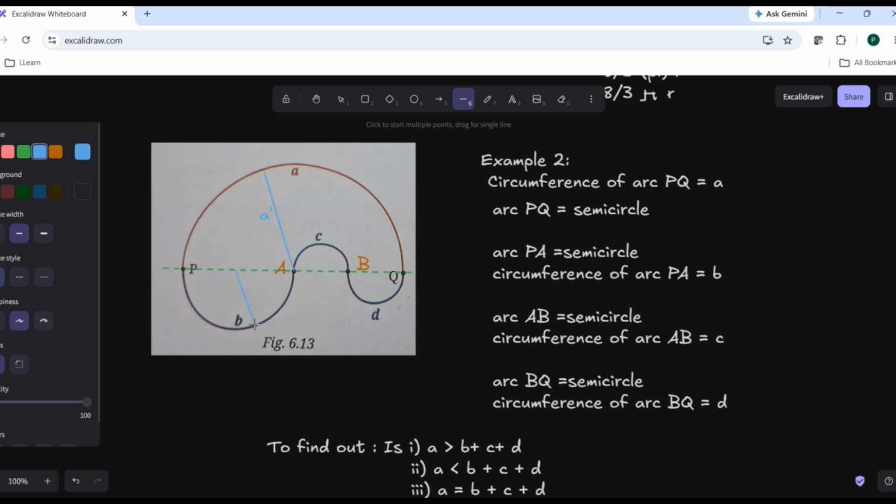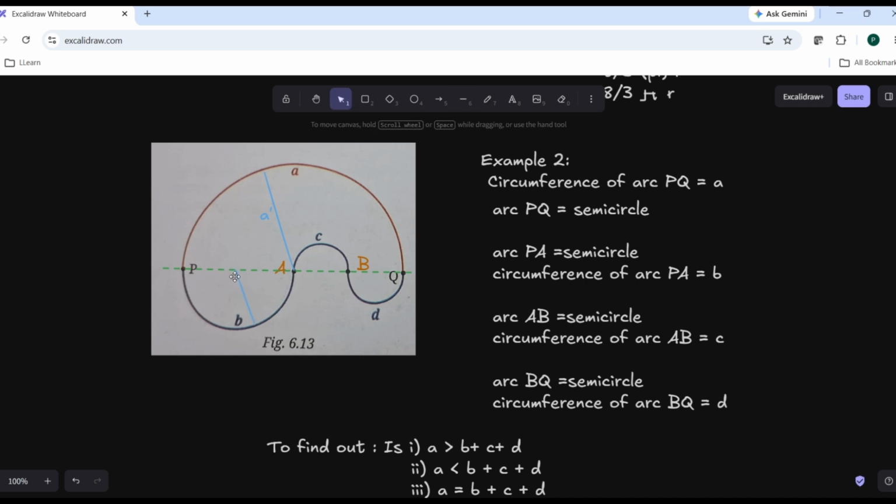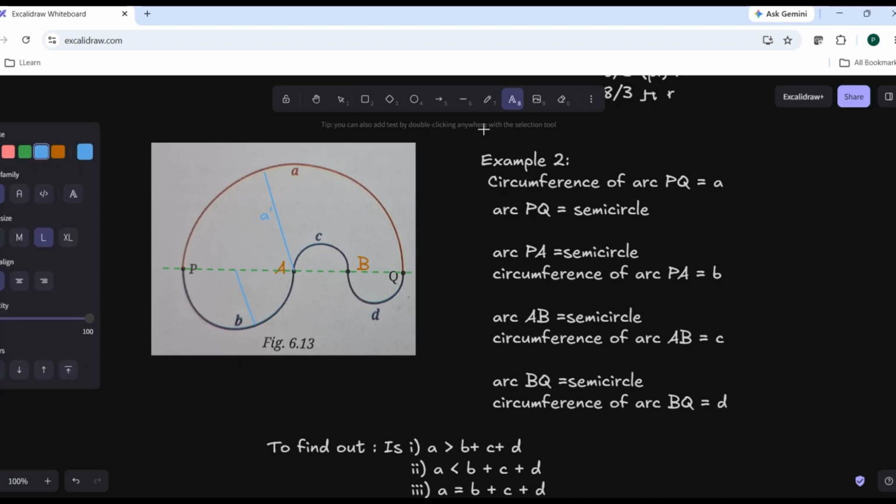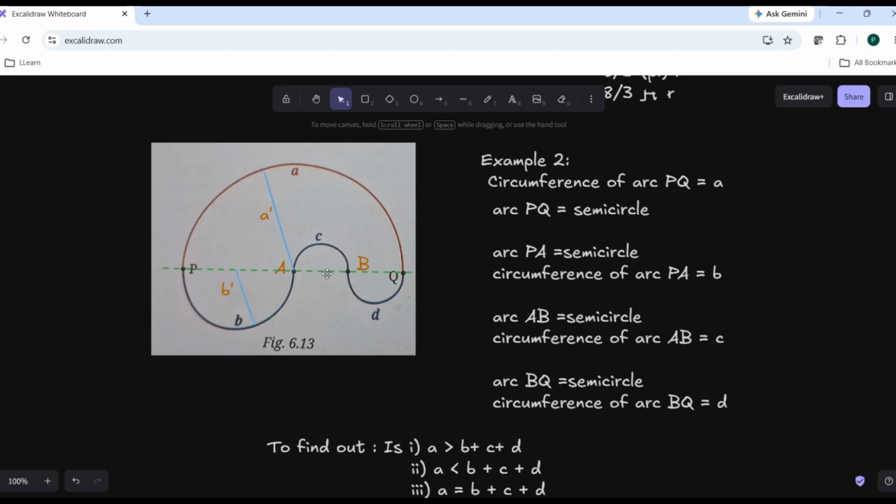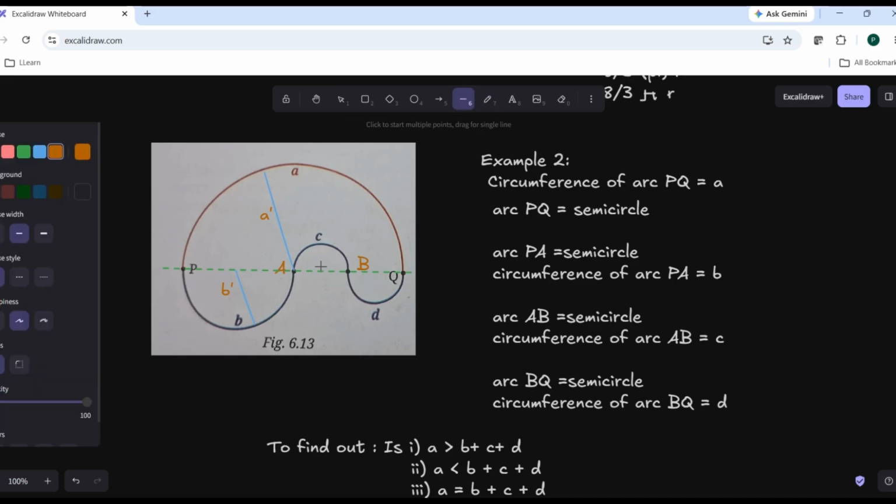This radius we can call B dash. And similarly for circle C, we'll take the center and draw the radius.